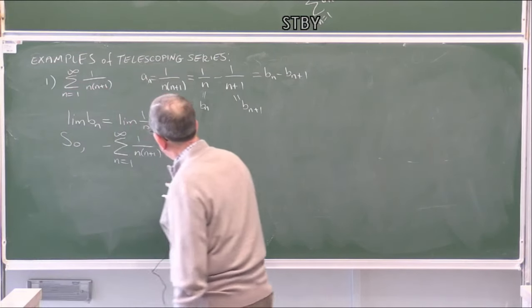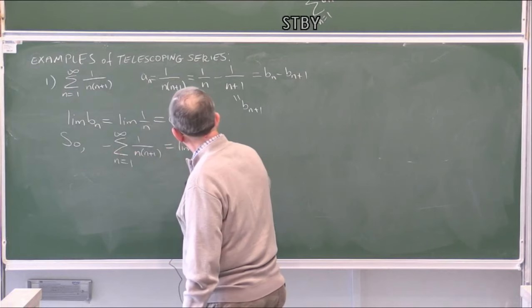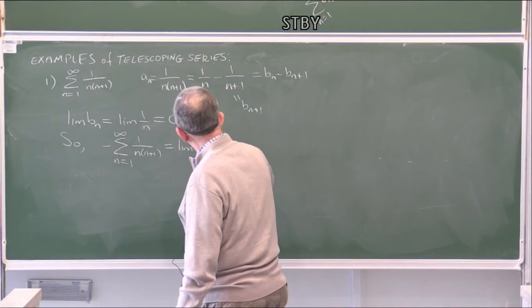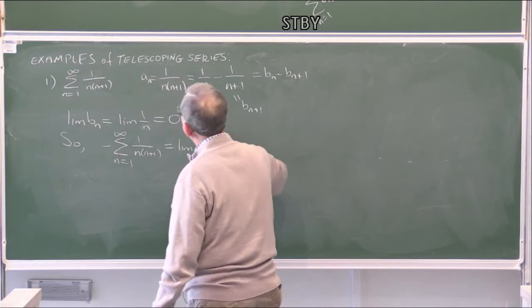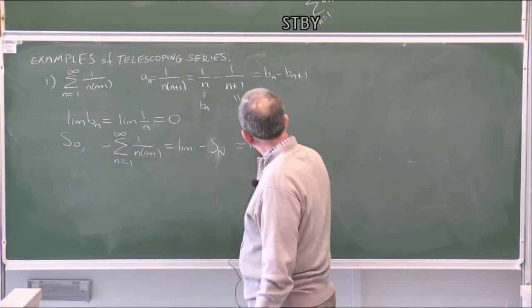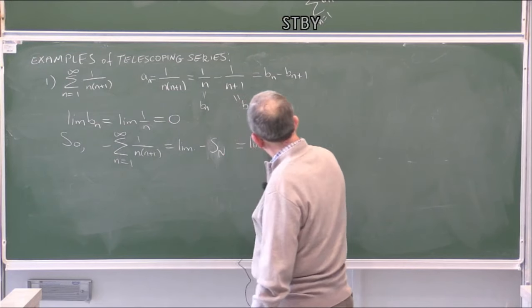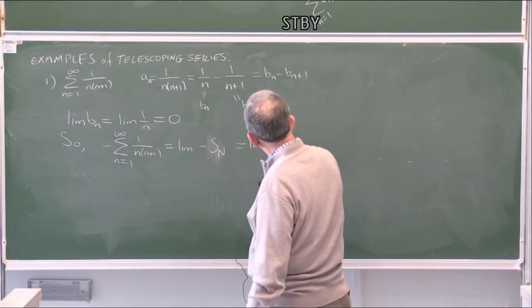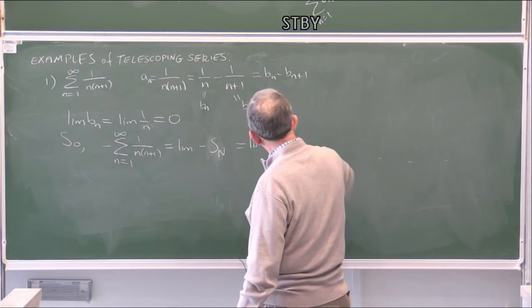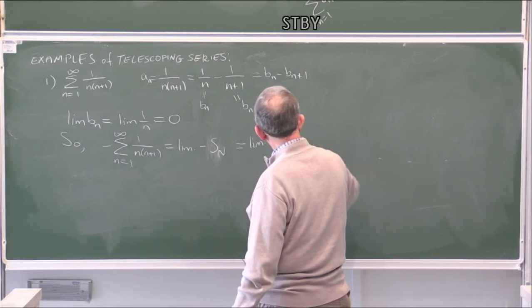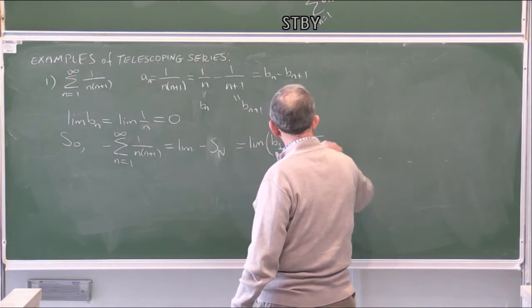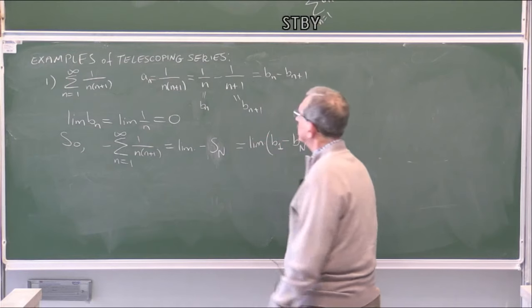of, okay, minus the Sn's, which happens to be the limit of, okay, here it becomes B1 minus Bn. So it is B1.